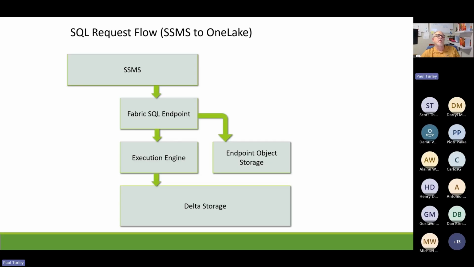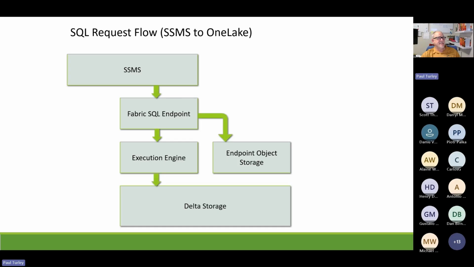As we were querying the lakehouse in SSMS, in order to do that, I go through the Fabric SQL endpoint. You have two different ways of talking to Delta storage in a lakehouse. One is through the SQL endpoint, which is this thin querying layer. It sits over an execution engine.